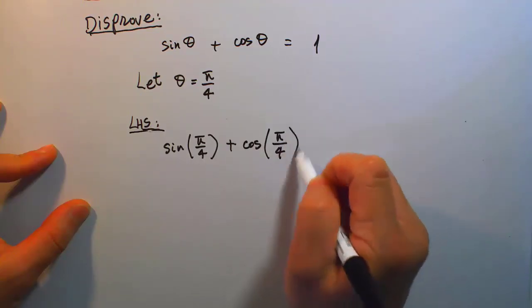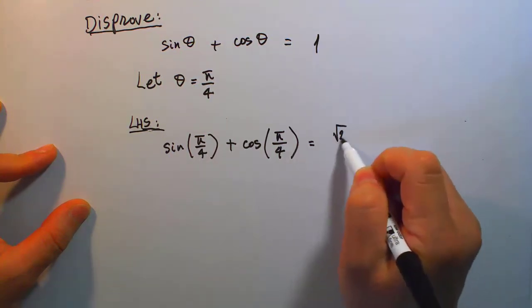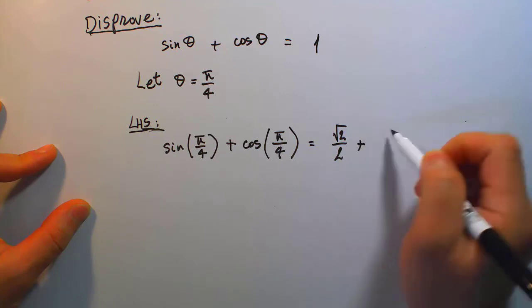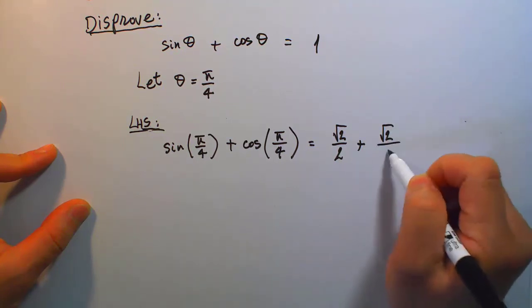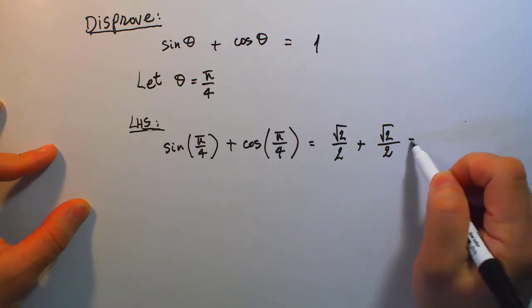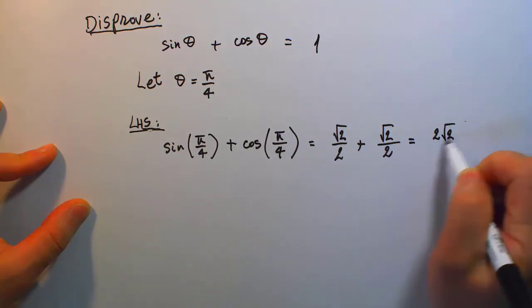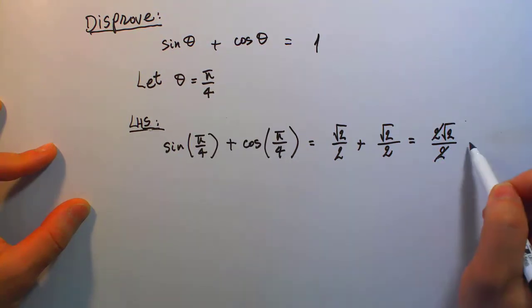That equals square root of 2 over 2 for sine, plus another square root of 2 over 2 for cosine. These are like terms, so we can combine them, and that turns out to be 2 square root of 2 over 2, which reduces down to square root of 2.